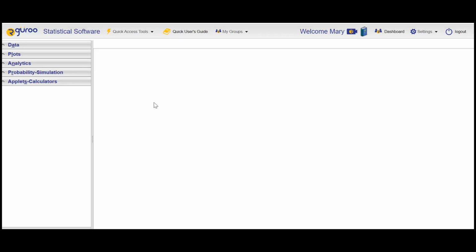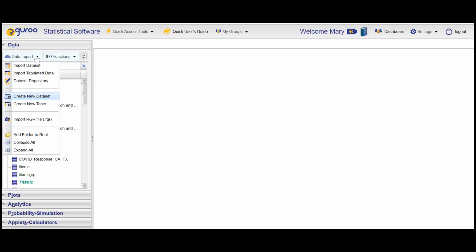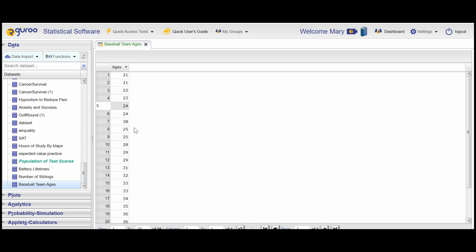Okay, so I've got Rguroo open. I'm just going to quickly review how to find the mean and the standard deviation. First, I went to data. I chose data import, create a new data set, and you can see that I added baseball team ages here. So that's one of my data sets.